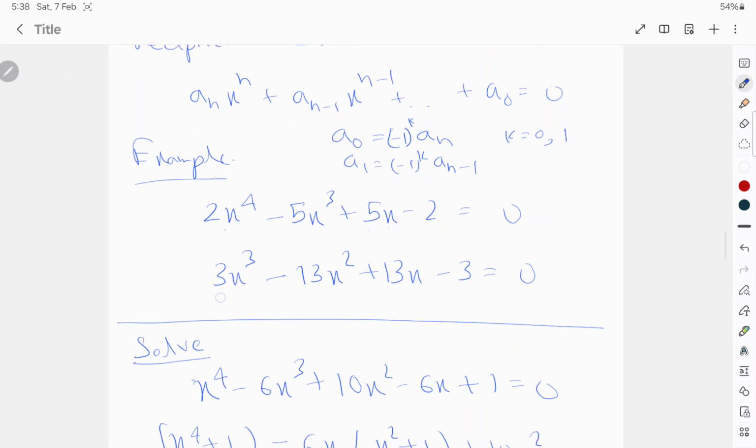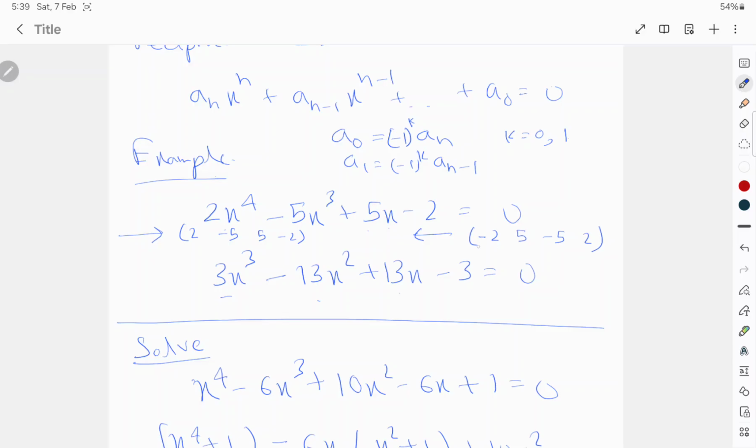Here also you see 3, 13, 13, 3, like that. Basically if you go in this way, the order you are getting is 2, minus 5, 5, minus 2, right? And if you go in this way, you are getting minus 2, 5, minus 5, 2.